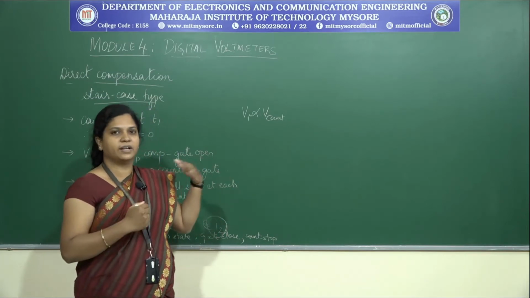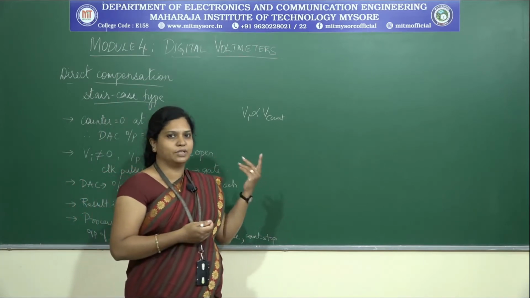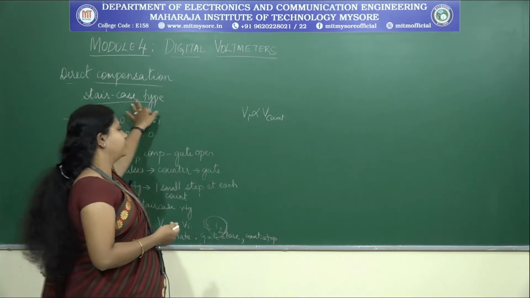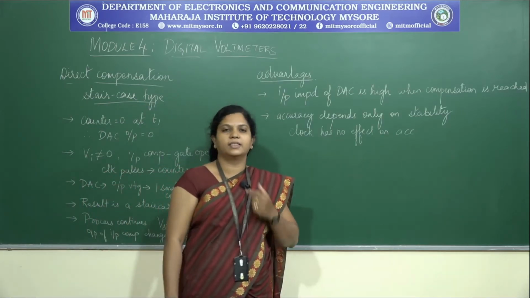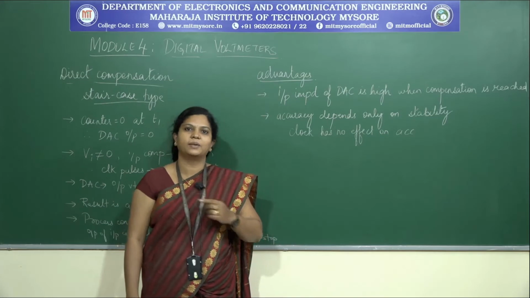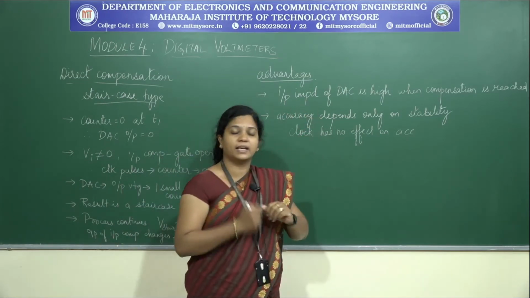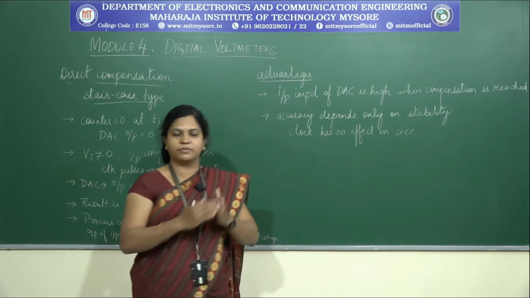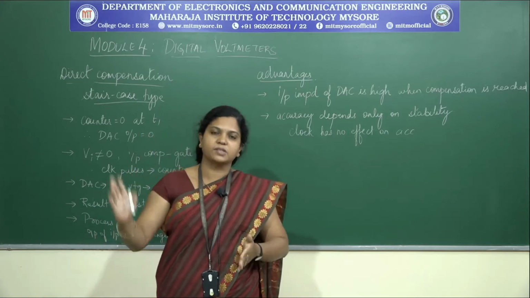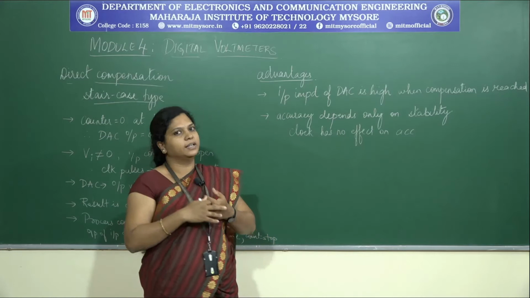As we are interested in studying the different types of DVM, this is another type of digital voltmeter. Some of the advantages of direct compensation type DVMs are, first, the input impedance of the DAC is high. When the process is completed and compensation is reached, the input impedance of the DAC is very high.